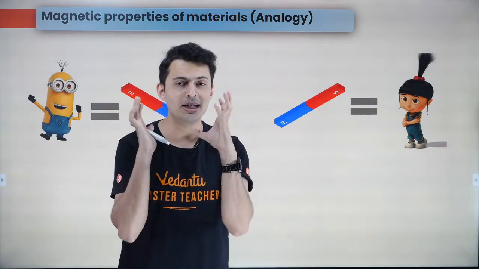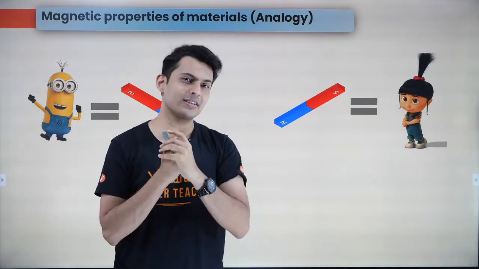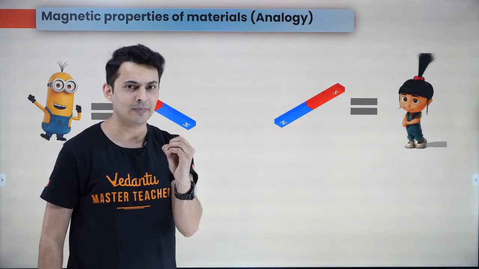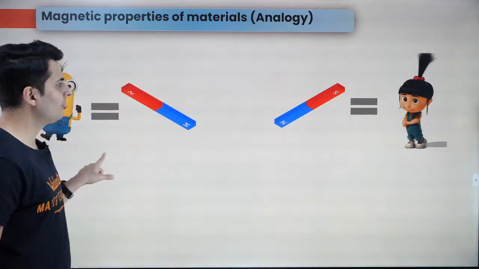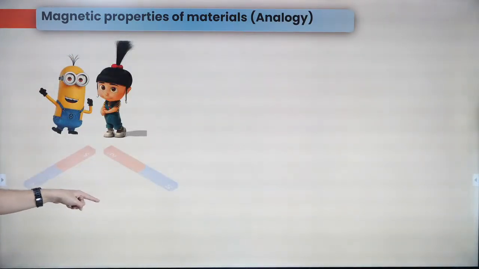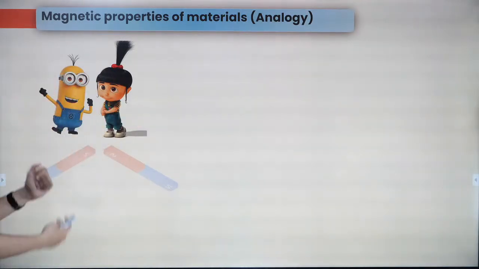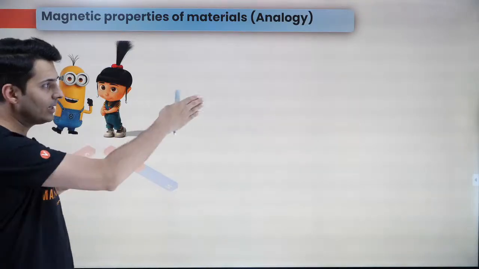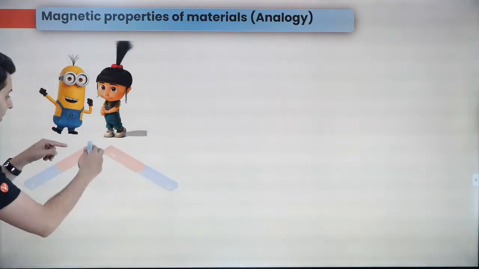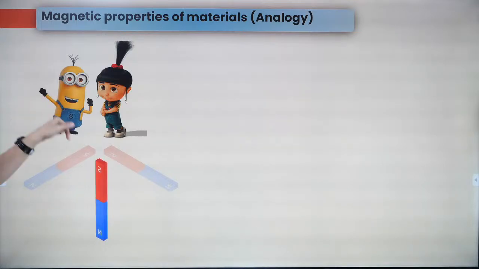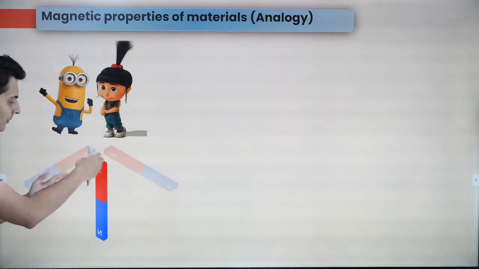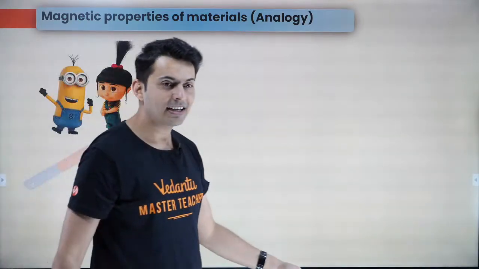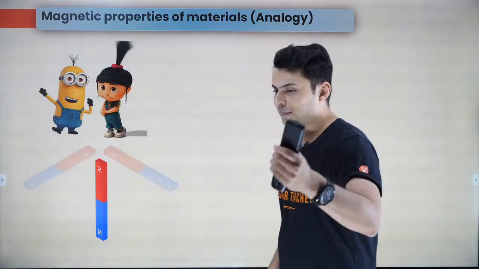So in that complete atom, can you think the total magnetic moment inside that atom will be the vector sum of all these magnetic moments? So when both these electrons are in the same atom, each one of them looking in different directions, their resultant magnetic moment will be given by the vector sum of all the individual magnetic moments. Is that clear, everyone? Very good.